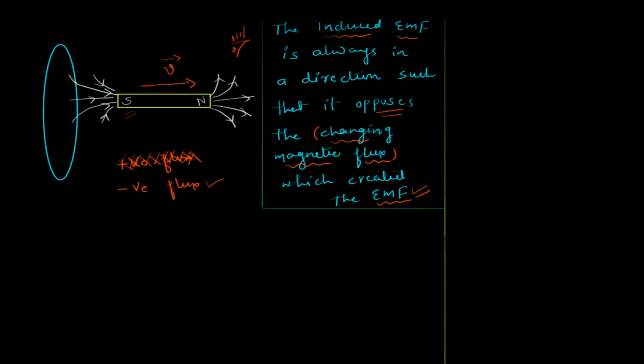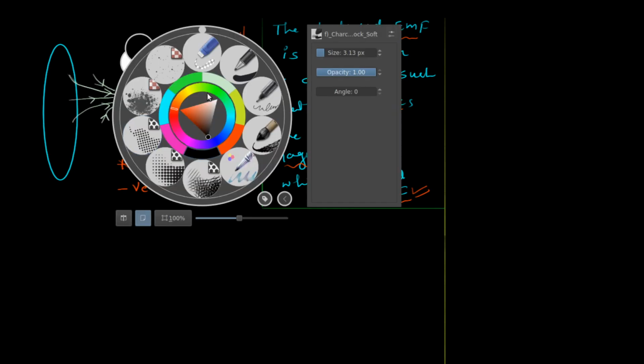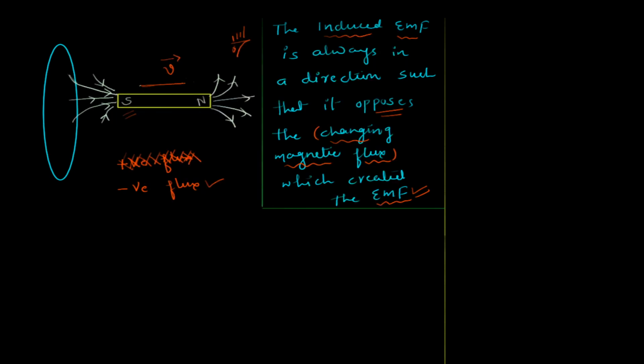So let's say you're moving towards the loop. If you're moving towards the loop, I am thinking that more and more lines will be coming out of this ring. That means the negative flux is increasing.